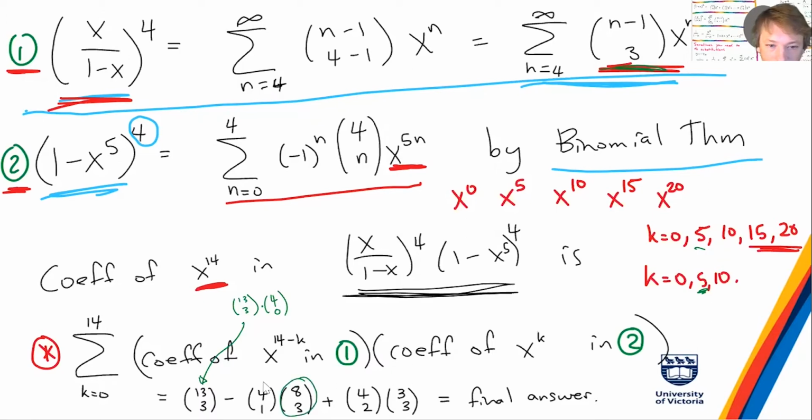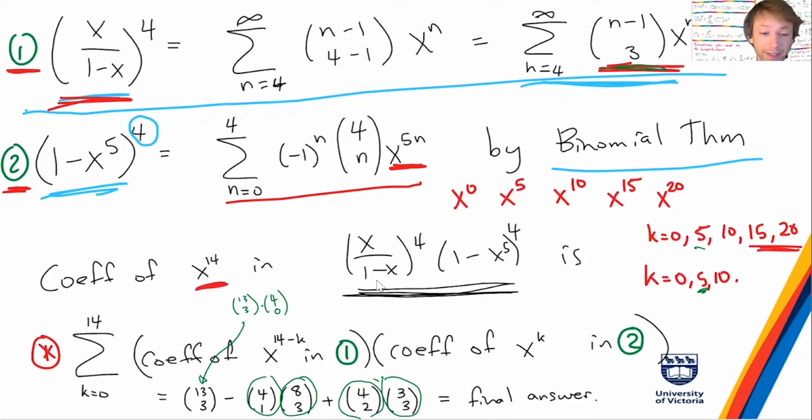The coefficient of x to the 5 is 4 choose 1. And then this is similar, and there's a minus sign, to work this out. Choose 3 is the coefficient of x to the 4 in the first one, and this is the x to the 10 in the second expression. And this is your final answer.